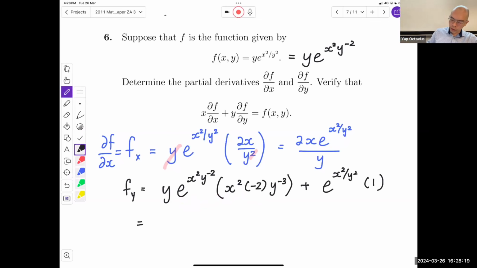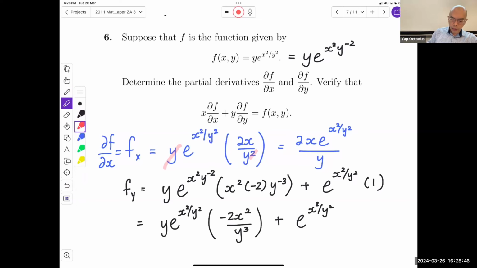Let's simplify it slowly. Then let's see what's inside. Negative 2x squared over y cubed, and plus this. Now we have a common factor. So this term is the common factor. You can bring it out if you want. I'm going to bring it out.